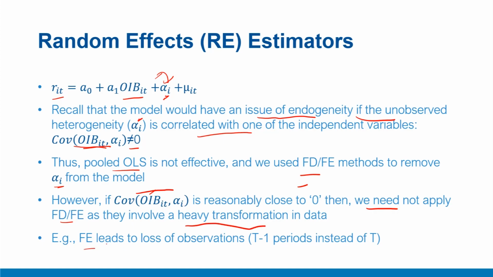For example, FE transformation leads to loss of one observation. It involves variables not at levels, and it drastically transforms the original model. For example, FD leads to differences rather than levels. Such drastic, radical transformations of the original model are not very desirable and lead to less efficient estimators, as we'll see later.